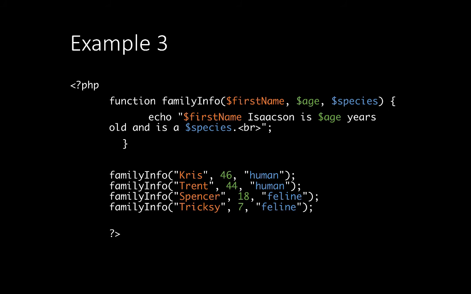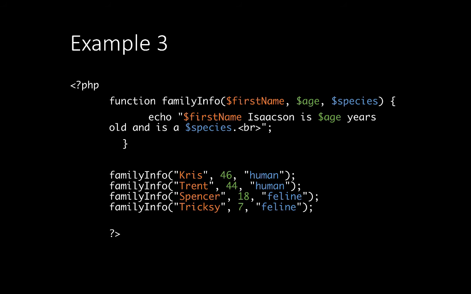And finally, in example 3, I've simply added yet another variable that's going to be passed through. All this one does is echo what it is. We have first name, age, and species, and then it echoes out a sentence based on that. Within this function, we have the 3 variables it's going to pass. So Chris becomes first name, 46 becomes age, and human becomes species.